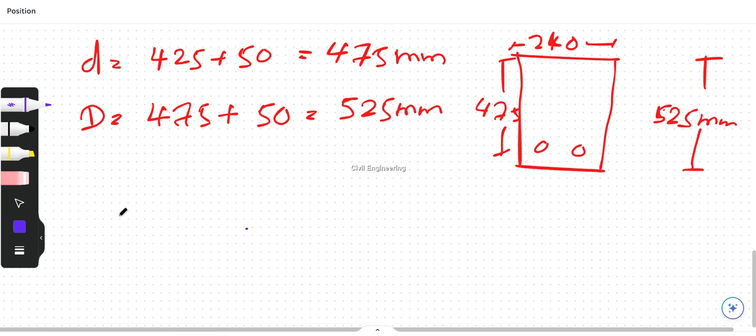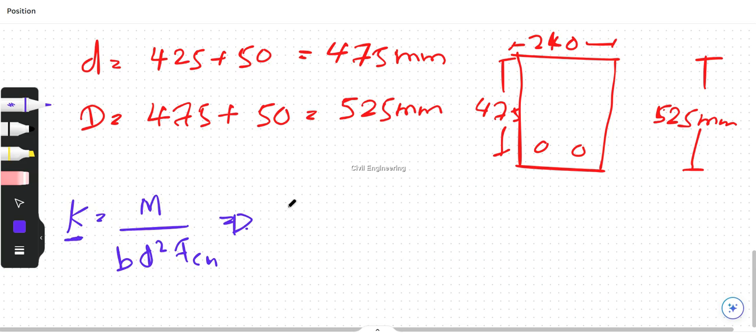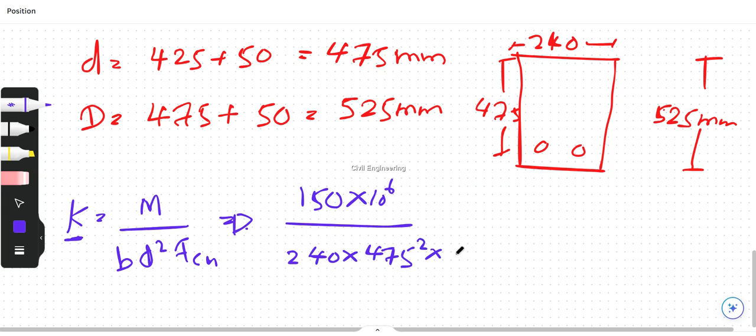With the new section sizes, we can check the K value. K is equal to M over b d squared f cu. This value must now be below the 0.156 value, so we can check it. 150 into 10 to the power 6, b is now 240, and d is now 475 squared, 25. Now we can find the K value by using a calculator.